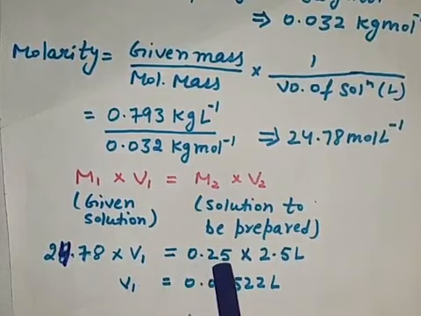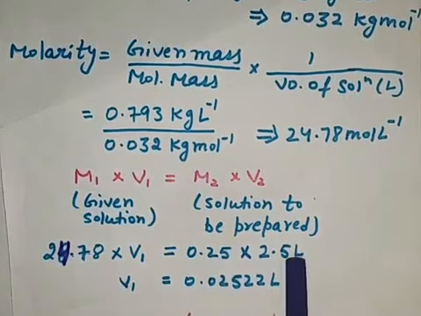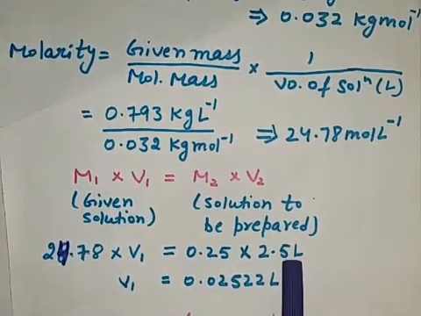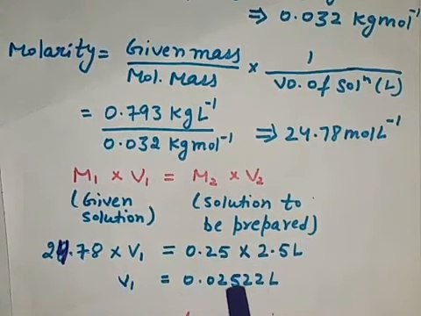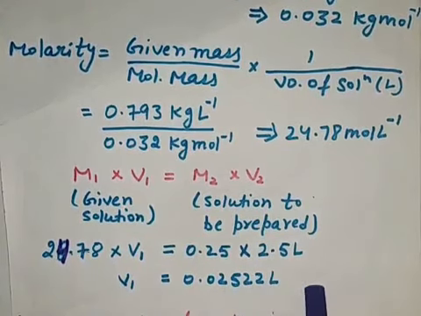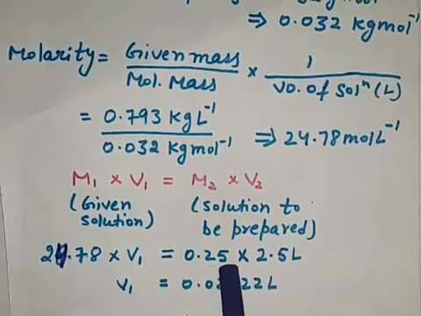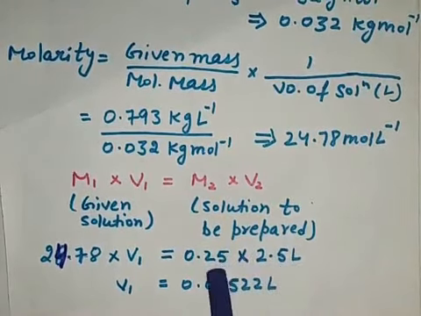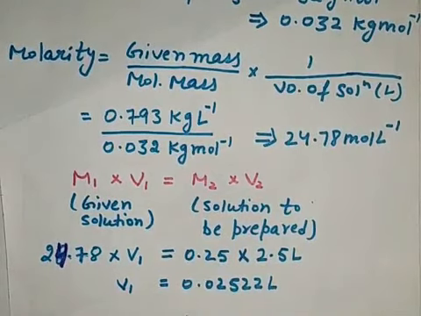Now M2 is given in the question, that is 0.25, and V2 is also given, that is 2.5 liter. When you solve it, it comes to 0.02522 liter. That means this volume is needed for making 2.5 liter of 0.25 molar solution. Now this is question number 12.